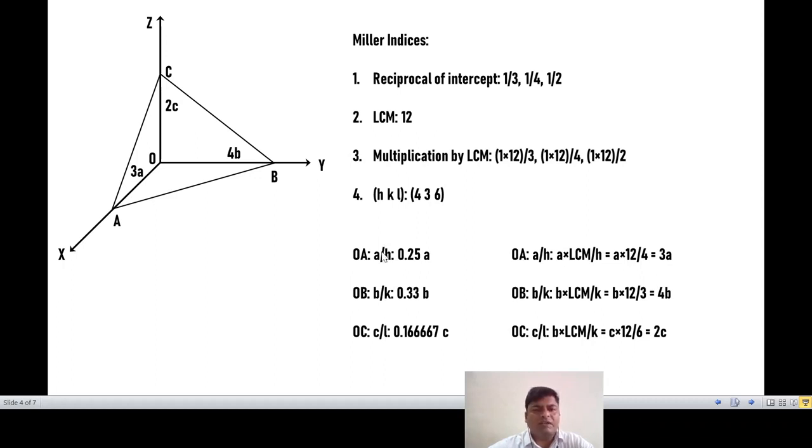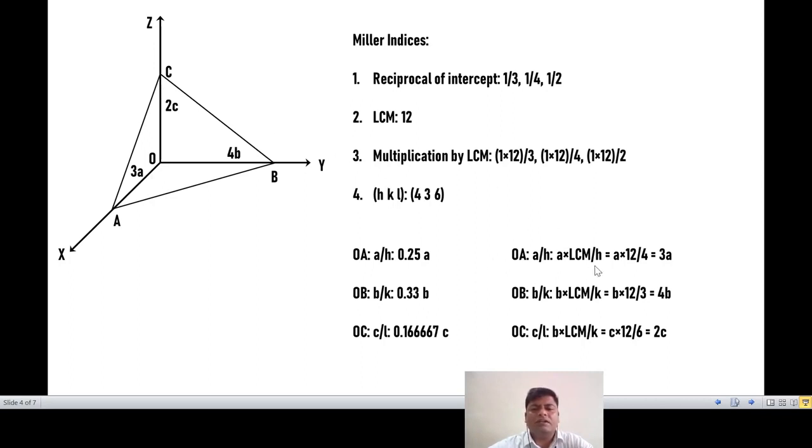So if we avoid that common ratio, then still these ratios are verified, so that this LCM is not considered over here. But in order to get the same values, we can multiply this LCM, and we will get the same intercept values 3a, 4b, 2c along with the three crystallographic axes OX, OY and OZ.